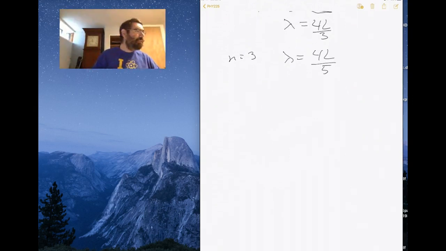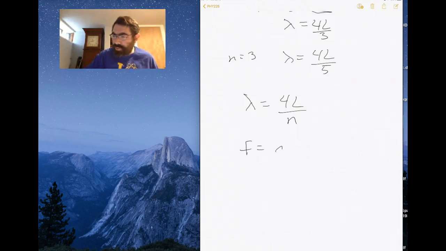So in the end, what you would have is an equation where this wavelength is 4 times the length of the pipe divided by the number of the loops, basically. And so to figure out the frequency we said was just the velocity divided by the wavelength, 4L over n.